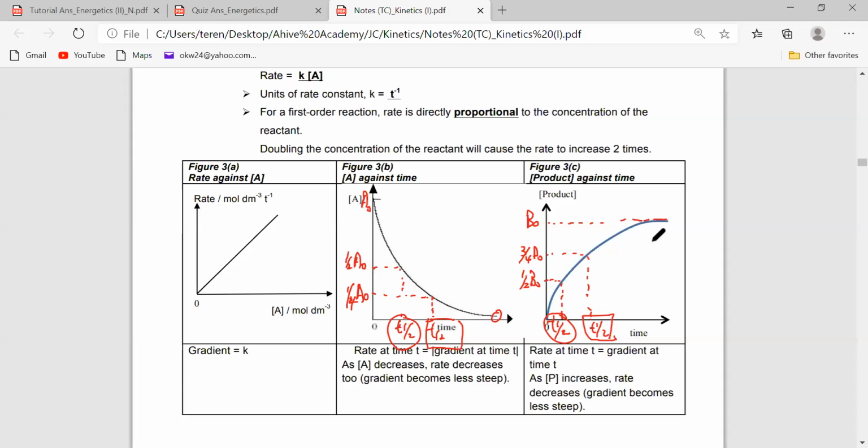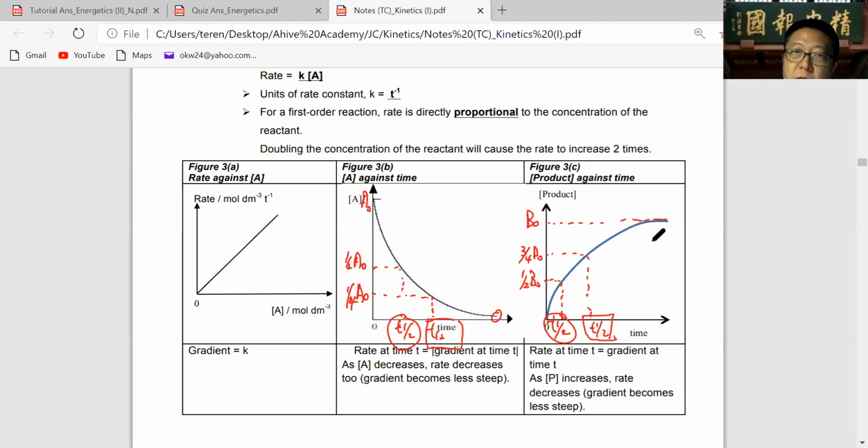Okay, Rachel, yes? For the part of 3/4 and a half, I don't really understand. You see, your total amount, when A0 is the reactant and drops to 0, I call this the initial concentration of A. I call it A0. When all the A forms the product, I call B0 the final endpoint.